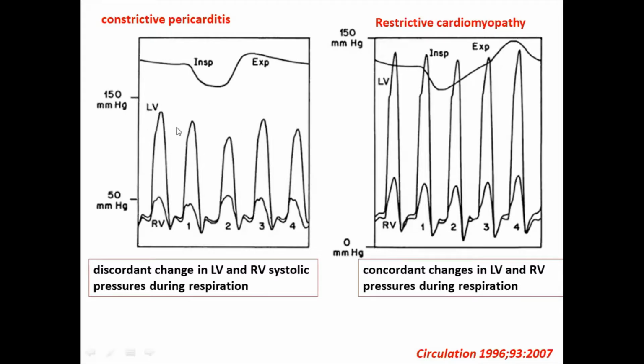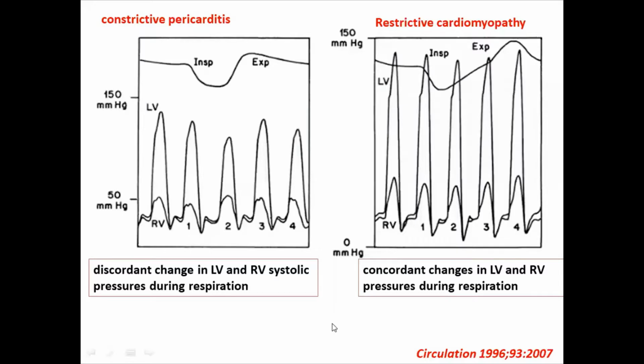So what you see in the left hand, constrictive pericarditis? We have a respirometer. During inspiration, the LV pressure drops and the RV pressure increases. So this is physiological. Discordant. Yeah, physiological.